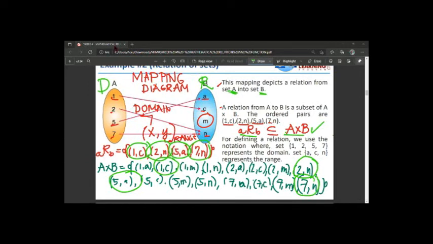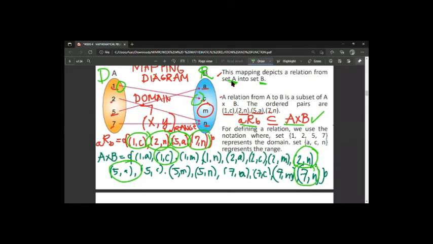Guys, when we say domain, the ordered pair we made in the relationship between two sets, whatever is first in the ordered pair, the leftmost side, where the tail of the arrow is, that is the domain. In a mapping diagram, where the tail is attached, that is the domain, or the X value of the ordered pair, while where the arrowhead is, that is the range or the Y value.